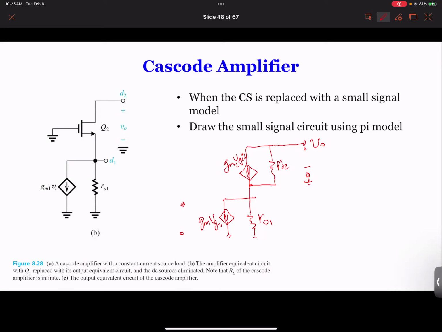And the most important thing is where G2 is connected. VGS1 is clearly equal to VI. But VG2 is connected to ground. So that's the critical part.